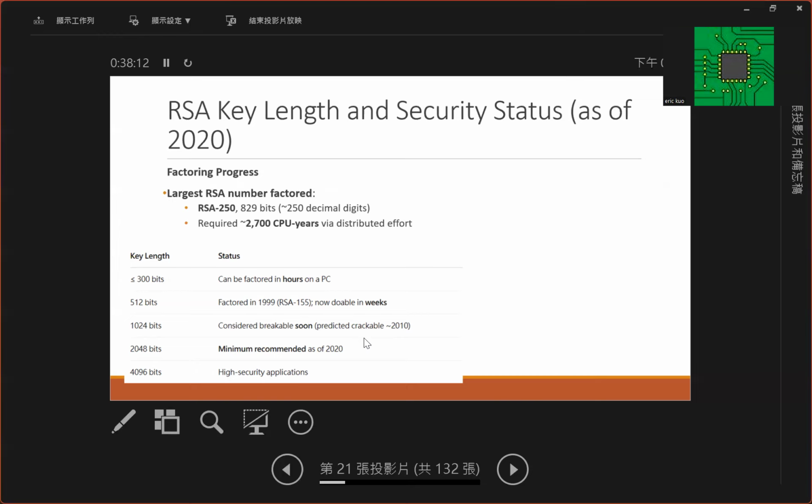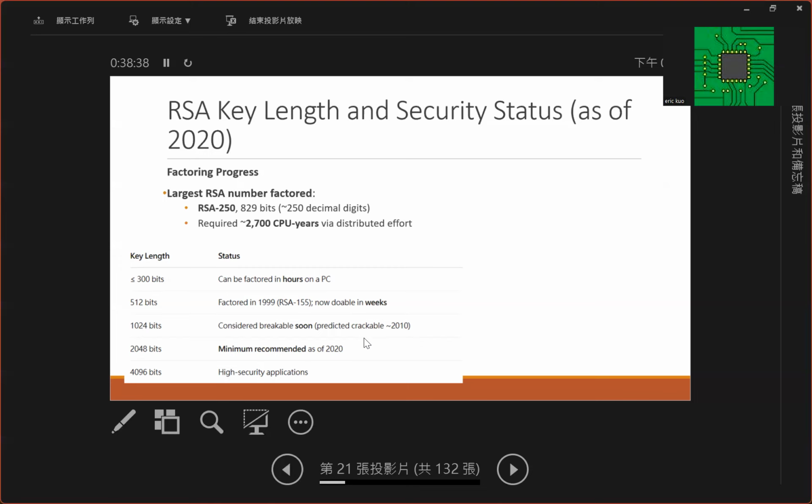Because the public key is n and e, if I can factor n into p and q, then I can get phi(n). If I know phi(n), then I can run this algorithm to find d, which is not safe, right?